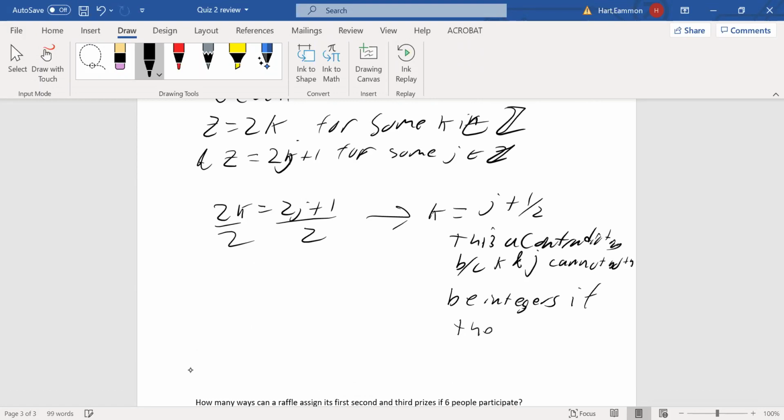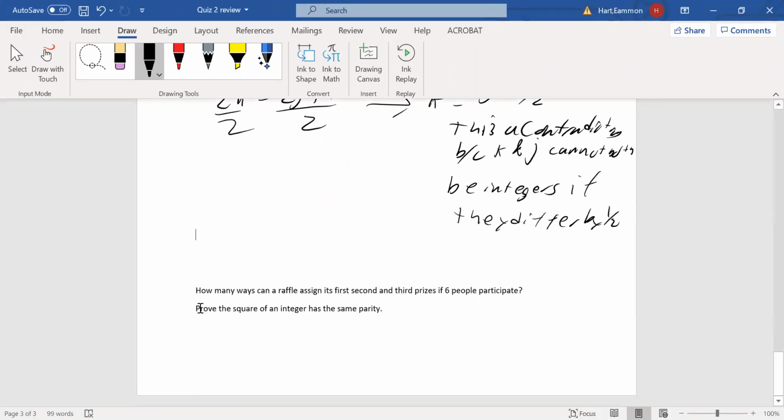They differ by 1/2. Integers have to differ by a whole number value.